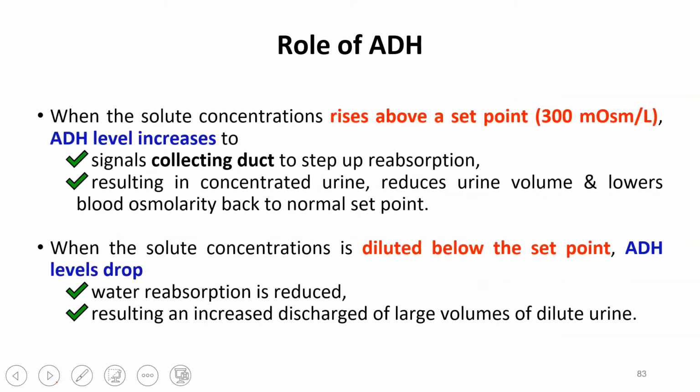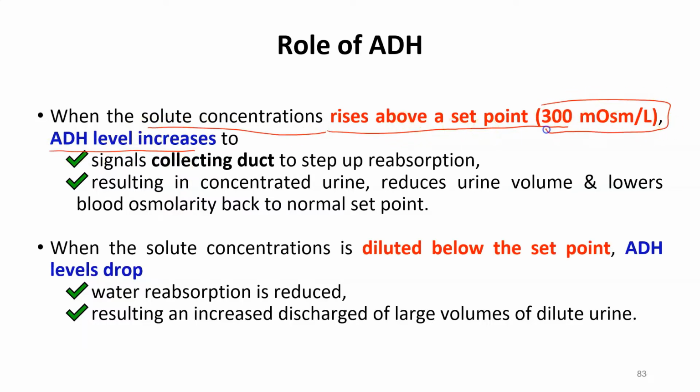Okay, so when the solute concentration rises above a set point, which is 300 milliosmoles, ADH level increases. So solute concentration rises above set point. So this is the blood, okay, the blood osmolarity at the normal set point, 300 milliosmol.